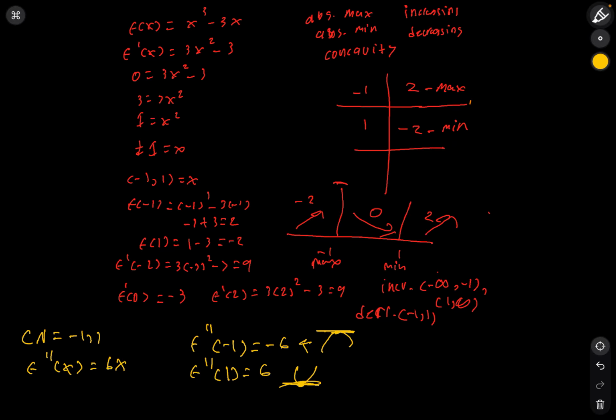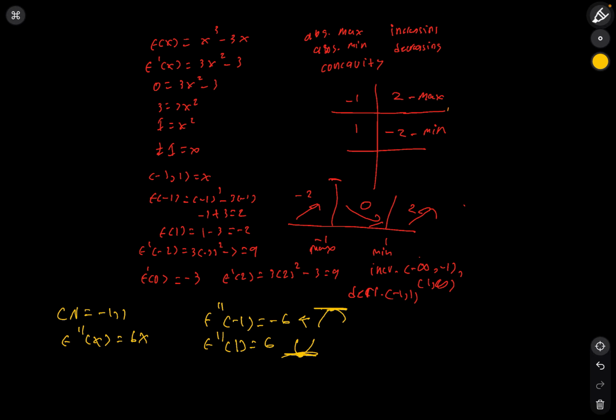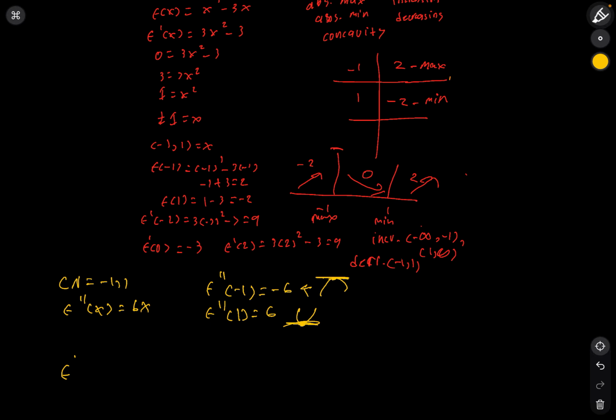And let me prove it to you again. So, f''(x) is equal to 6x, right? As we said before. So now let's do our sign chart. 0 is equal to 6x, x is equal to 0.